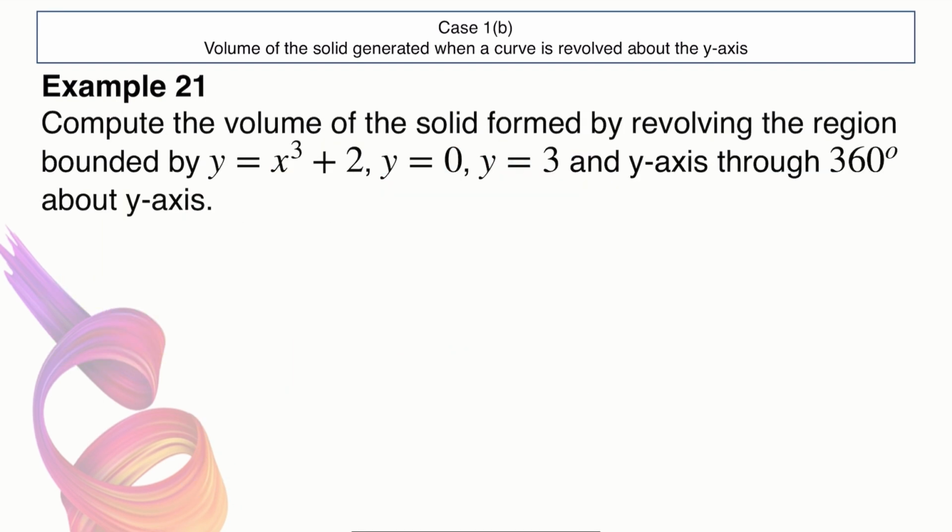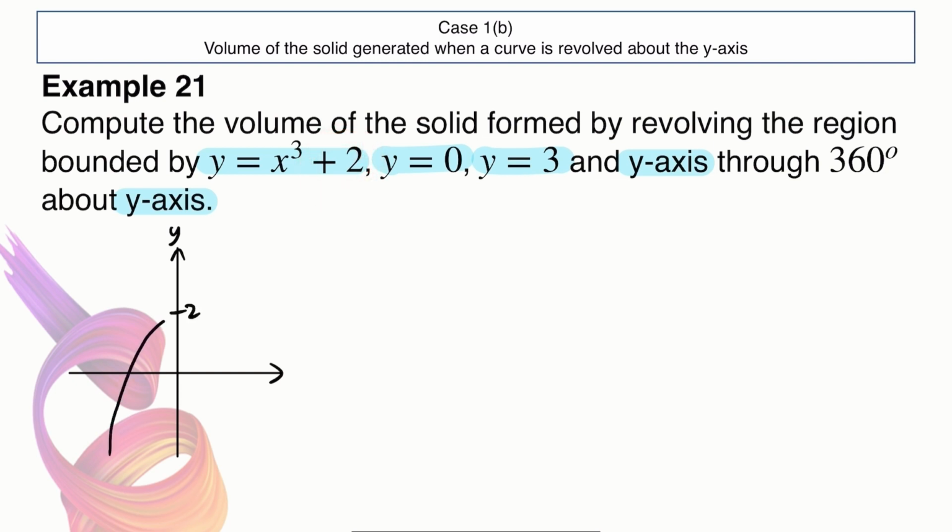Alright, now example 21. Compute the volume of the solid formed by revolving the region bounded by the cubic function y equals x cubed plus 2, y equals 0, y equals 3, and the y-axis through 360 degrees about the y-axis. Again, let's sketch the graph. Here plus 2 is your y-intercept. Here is 2.